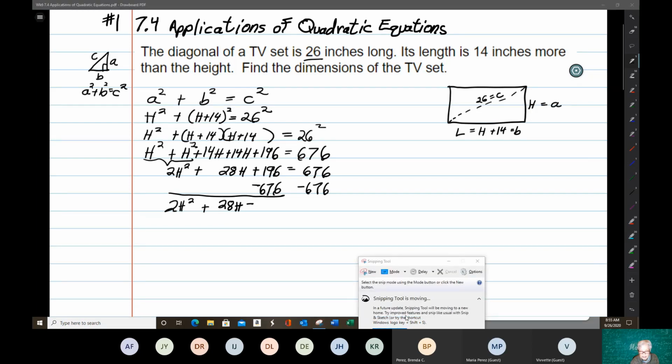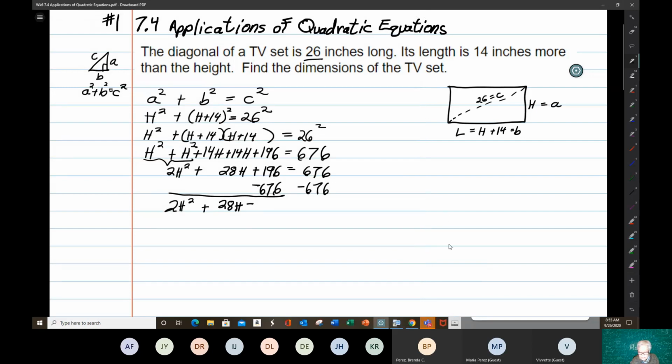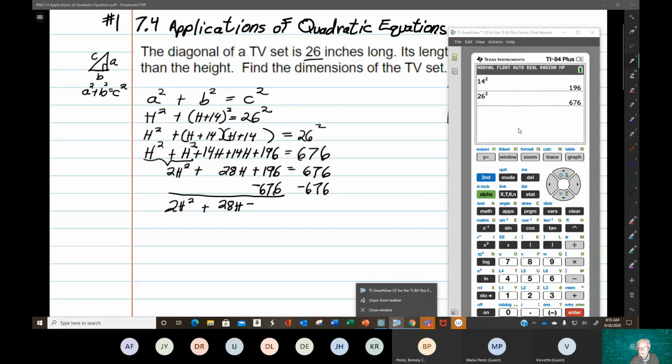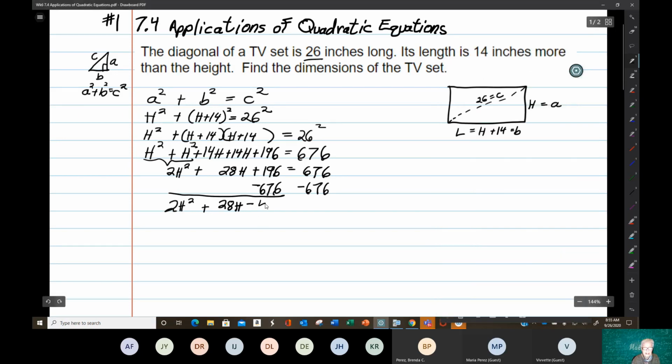Why take a chance? All right. Negative 676 plus 196. Negative 480, or minus 480, equals 0.